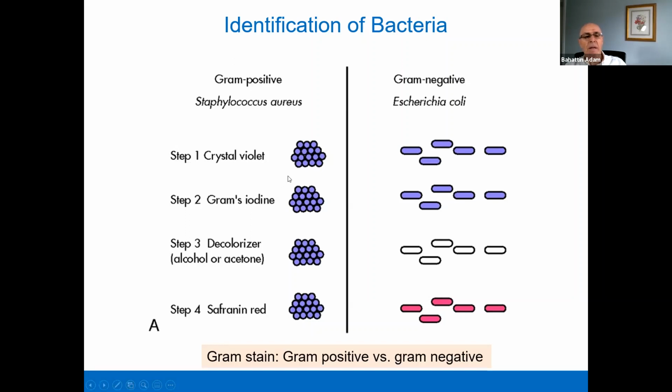In the next step, step 2, you put iodine in order to fix the stain with the bacteria, to strengthen the level of the stain.